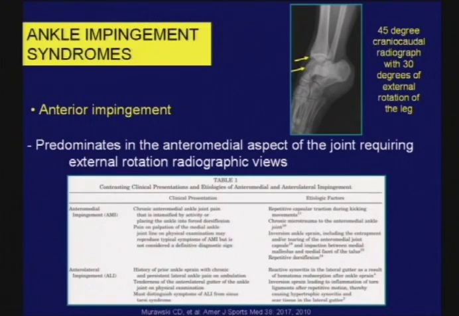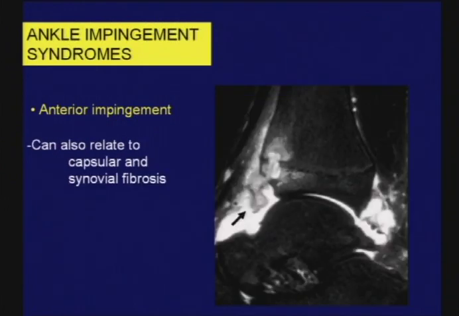In this article, as you can see from the table, they compared anteromedial impingement with another impingement syndrome, anterolateral, that we will discuss in a moment. We have seen examples where it has not been bone formation, but rather extensive synovial proliferation, as in this case, which clinically presented as anterior impingement of the ankle.